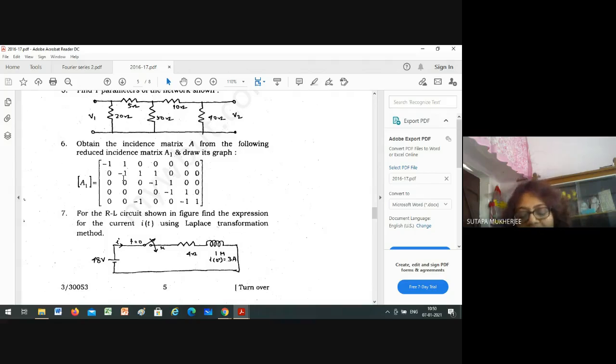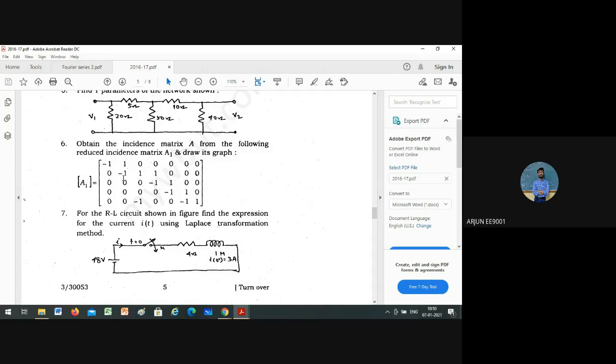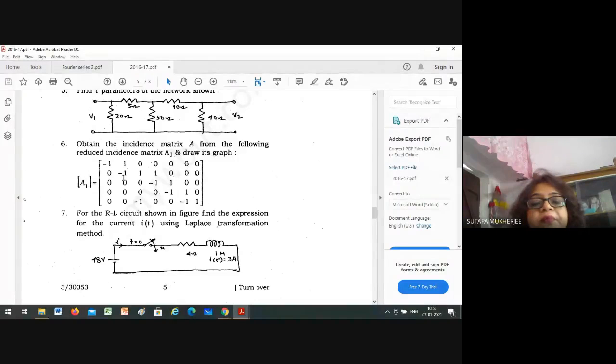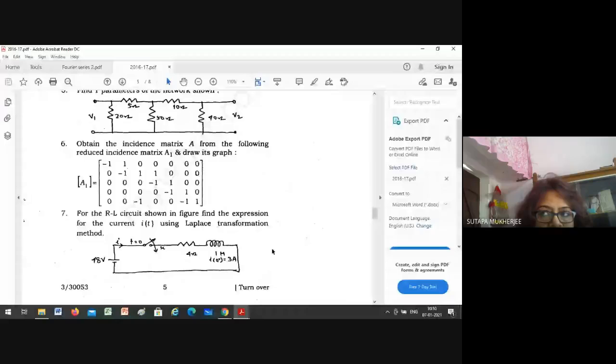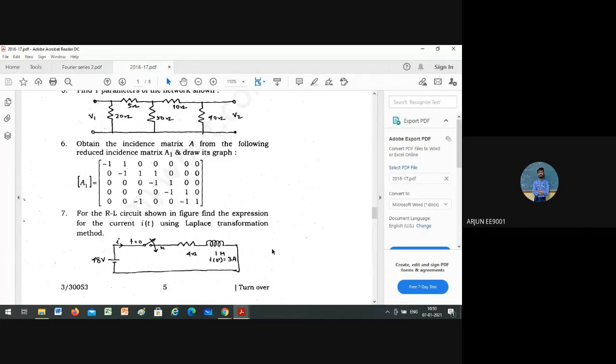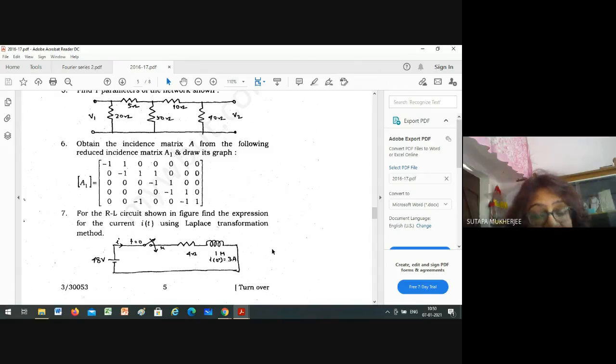Can anybody tell me how you can do it? First of all, you have to remember, this is a reduced incidence matrix. We know the summation of the elements of any column is 0. So we have to make that at the complete incidence matrix.